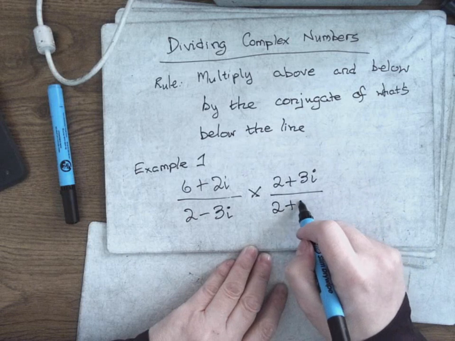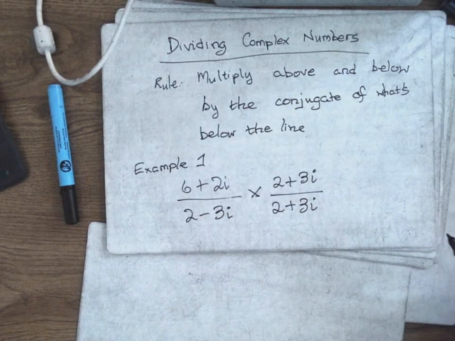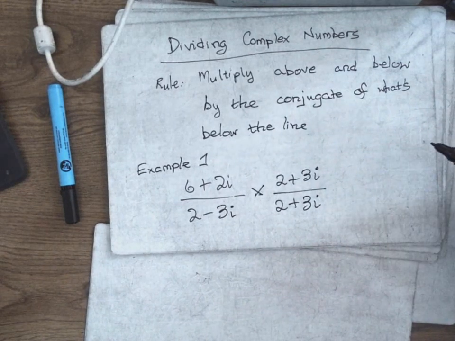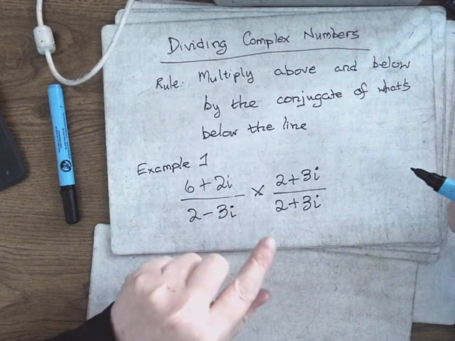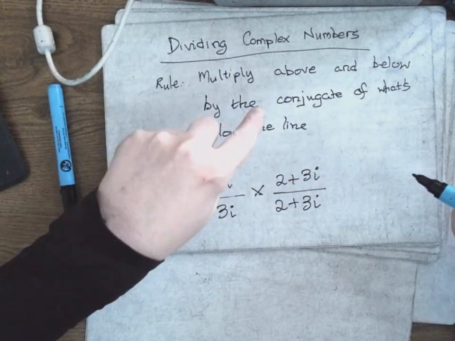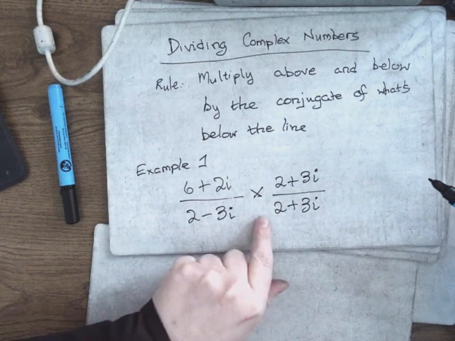So if you multiply above the line and below the line by the exact same thing, you're not changing it. You're just making it different. Does everyone see how I decided what to do?